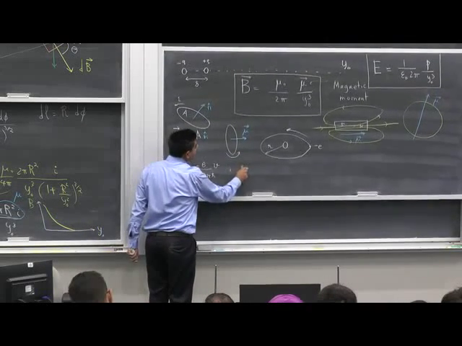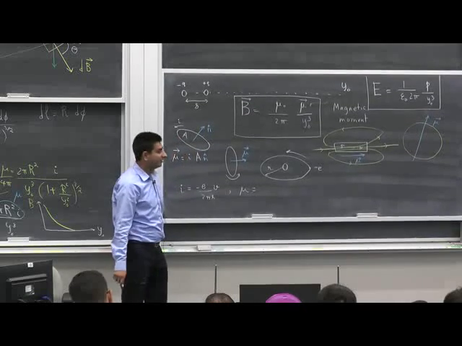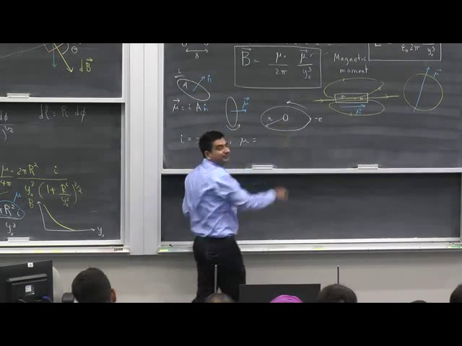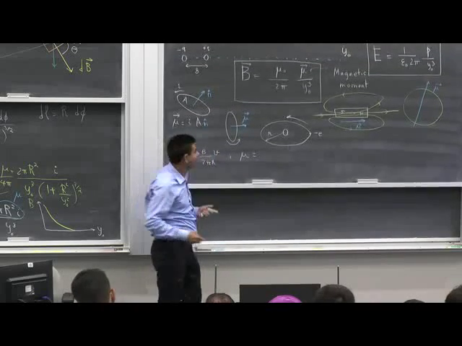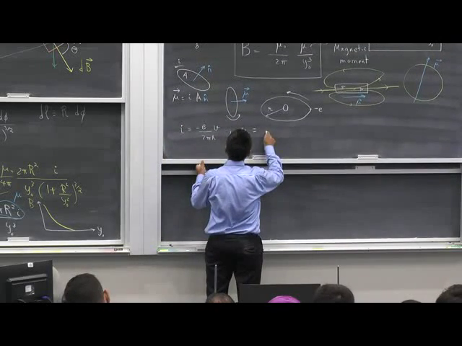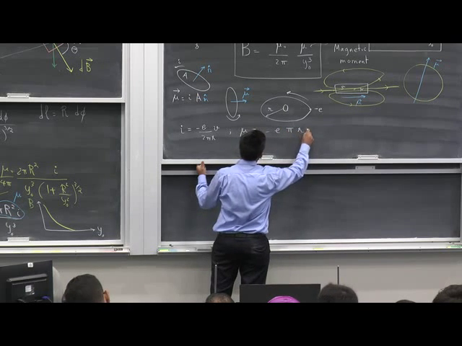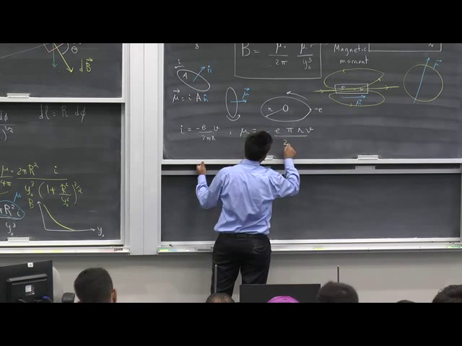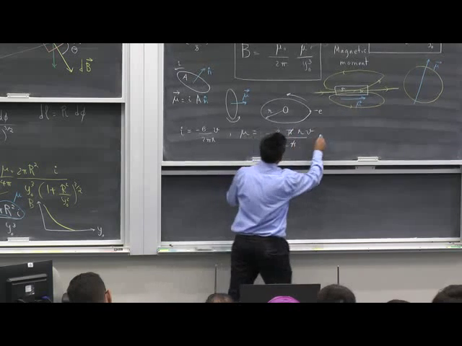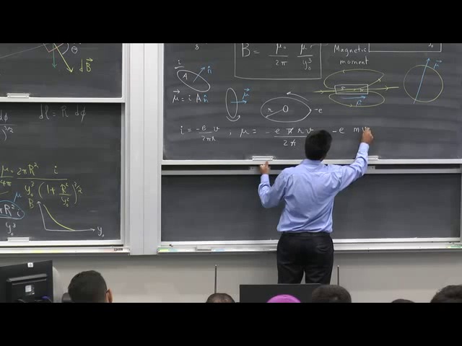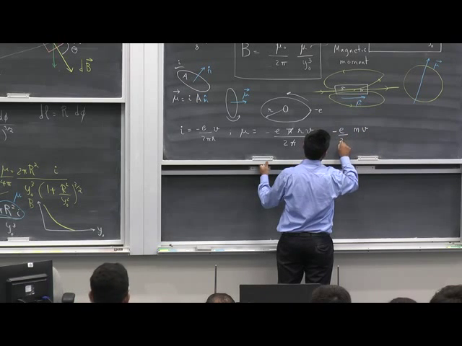The magnetic moment due to this orbiting electron is going to be this current times the area of this loop, which is pi r squared. So this is minus e pi r squared v over 2 pi r. The pi goes away, I get minus e r v over 2.